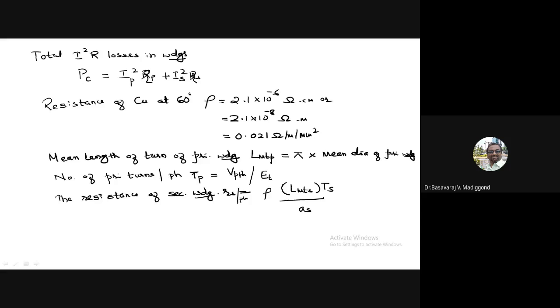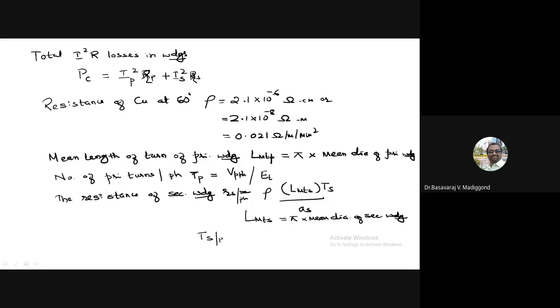So LMTS is what? LMTS is pi into mean diameter of secondary winding. Similarly, what is the number of turns on secondary?